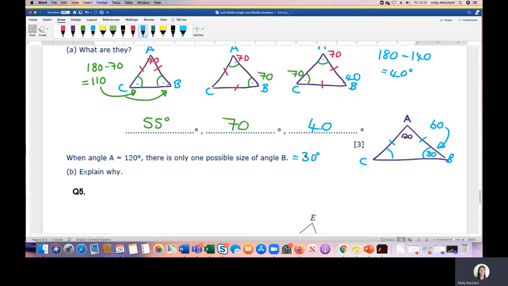And the reason is, as I just said at the beginning, A cannot be one of the equal base angles because it would be over the 180. 2 times 120, we could say, is equal to 240, which is more than the 180 allowed.